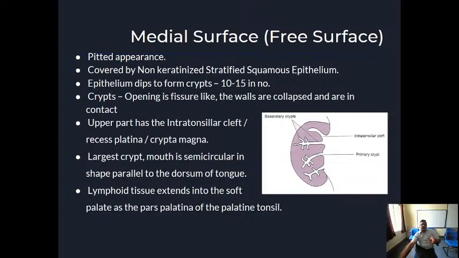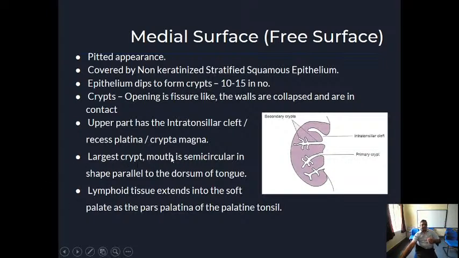Now if you go into the surfaces, on the medial surface of the tonsil, there is one big cleft that is called the intratonsillar cleft, and you have these small invaginations, which are called the crypts, about 10 to 15 in number, and the mucous membrane that is lining is stratified squamous epithelium, non-keratinized.